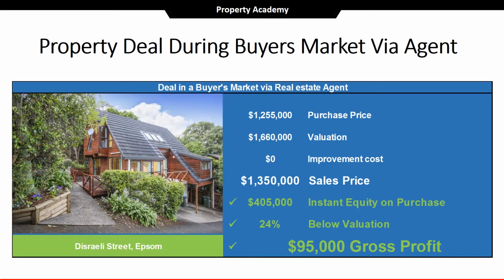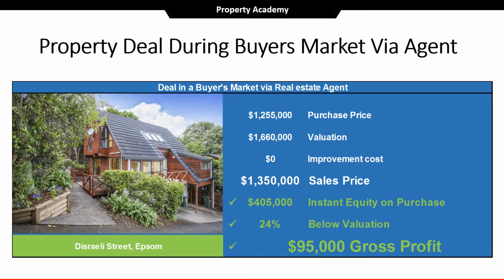It ended up being a pretty good deal. I bought it 24% below valuation and earned 95,000 gross profit in just over a week's time. Keep in mind the deal hadn't settled yet, but we pretty much firmed everything up. It was a pretty good week.